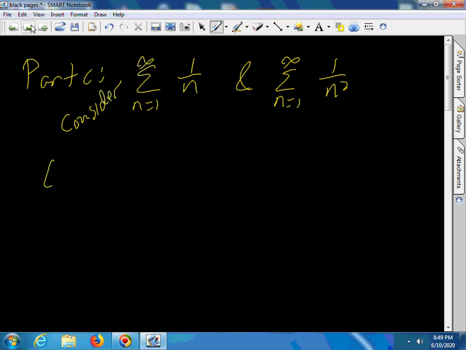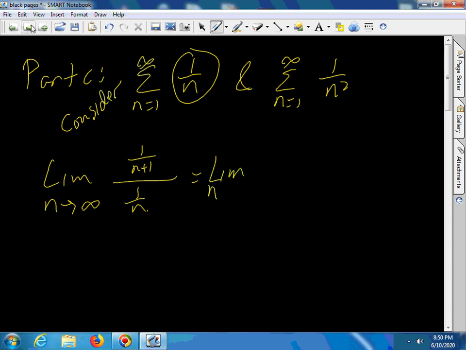Now, the limit as n goes to infinity of that ratio, 1 over n plus 1 divided by 1 over n, is the limit of n over n plus 1, which equals 1.